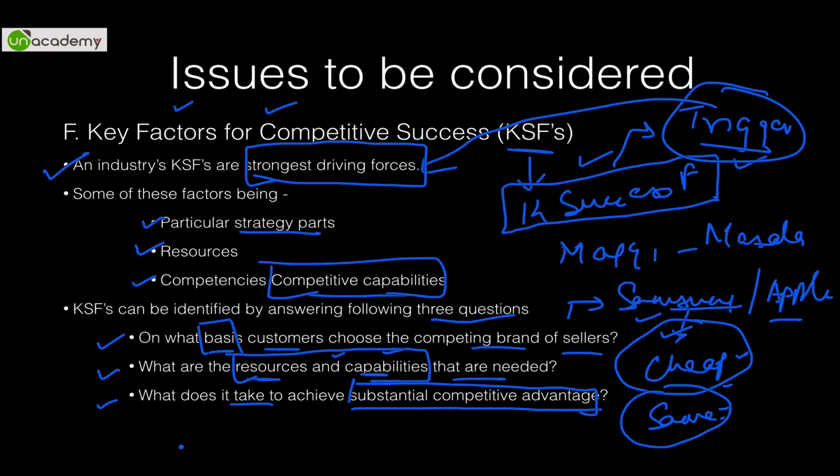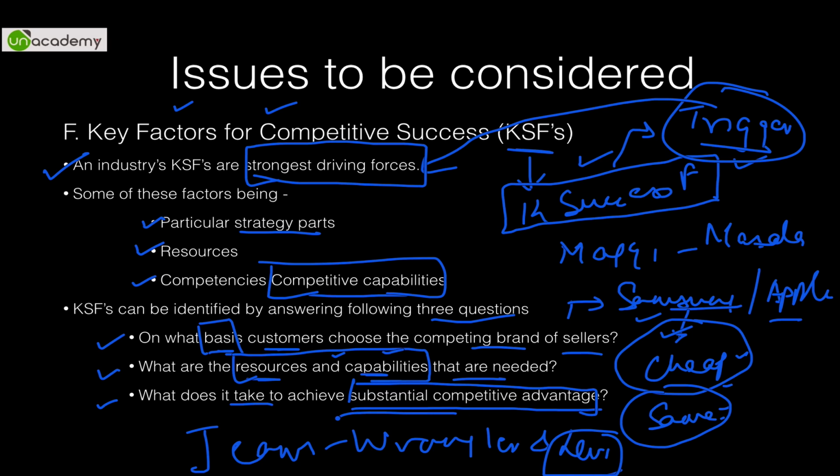So taking another example, let's say a pair of jeans is manufactured by Wrangler and Levi's. If Levi's is expensive and that expense is making people drive towards Wrangler, which is a little cheap, then Levi's can also adopt this strategy where it can price according to Wrangler and then choose to give the highest quality.